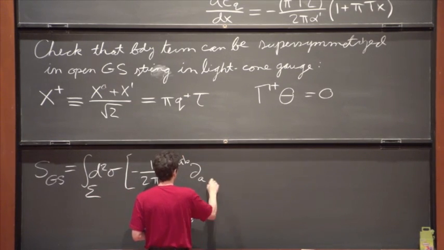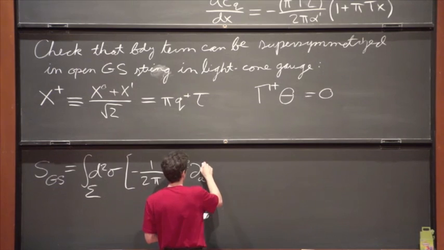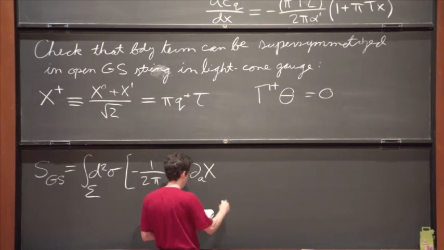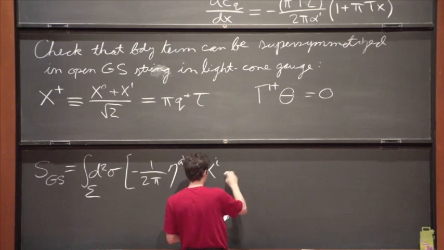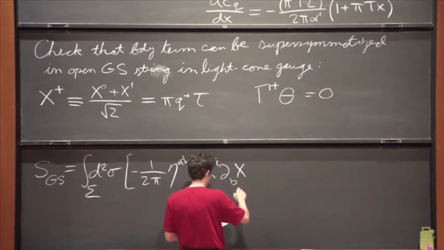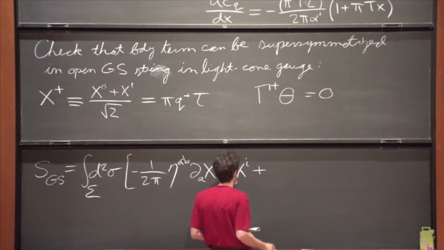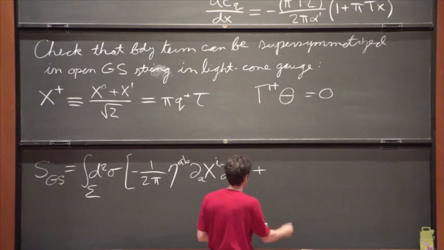And I'm writing it a little bit more simply, specializing to a particular worldsheet metric and a particular value of alpha prime. But you can see I'm writing essentially the same thing as before. I'm also doing this in flat space.